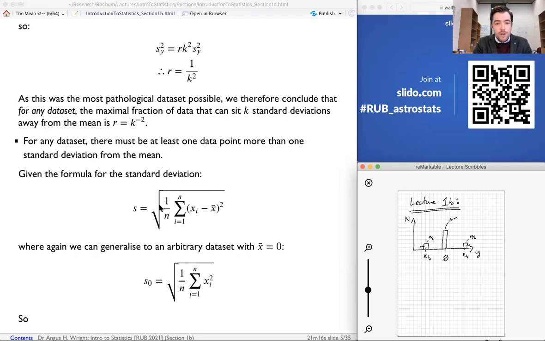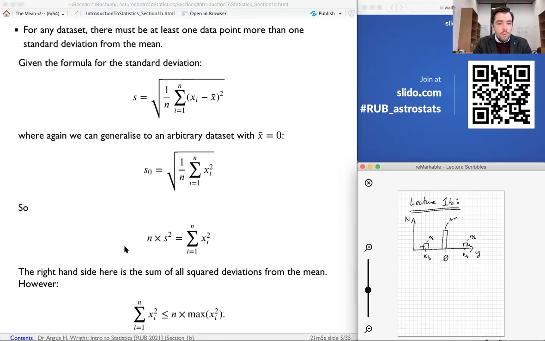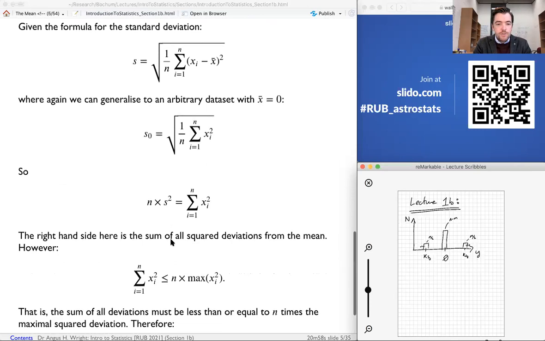The way in which we're going to do that is quite simple. We're going to take our standard deviation formula. Again, we're going to generalize to the mean is equal to 0 and not lose any generality. We're going to then just rearrange this formula. So we're going to square both sides, multiply the n across, etc.